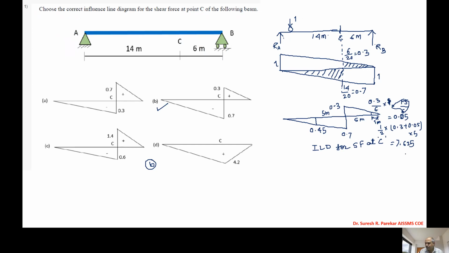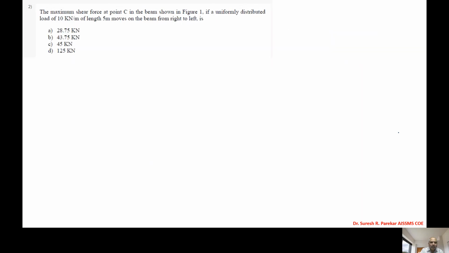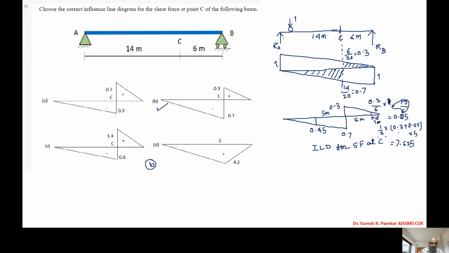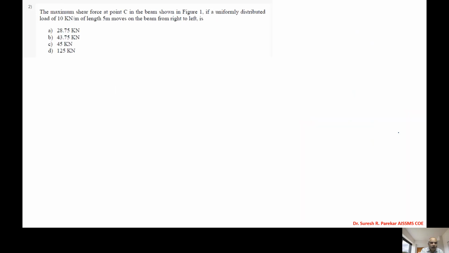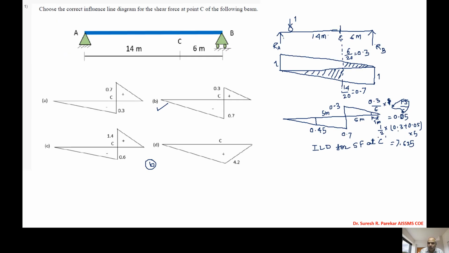So this is 3.05 into 5 divided by 2 and multiply by load 10. So second we have this. So area we have this.